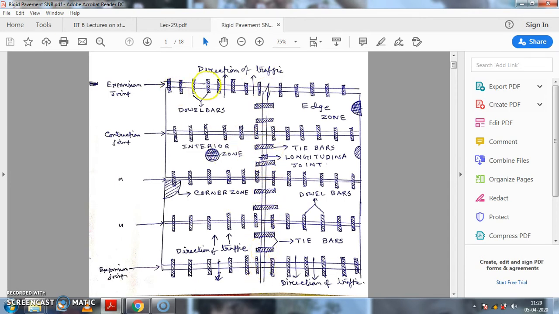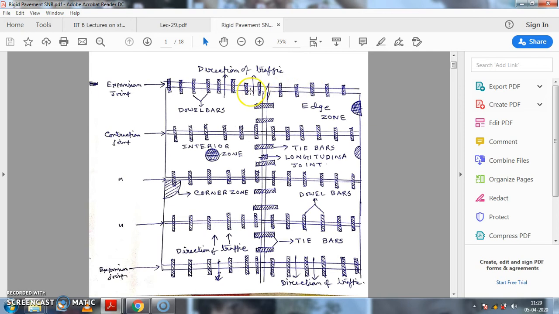Now come to the purpose. What is the purpose of expansion joint or contraction joint, or we can say transverse joint? For expansion joint, from the very beginning, if we see our class 7 or class 8 physics book, we can find that there are huge differential changes in the steel, which we can directly see for the railway traffic.